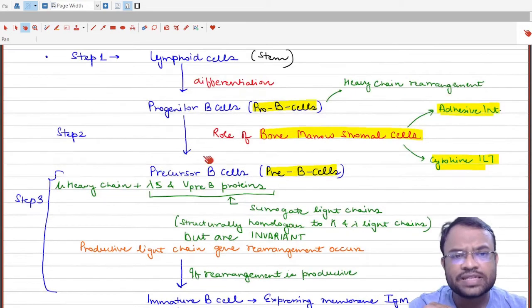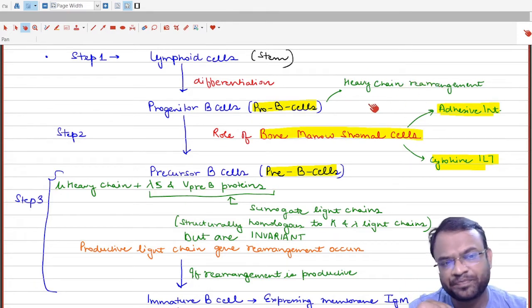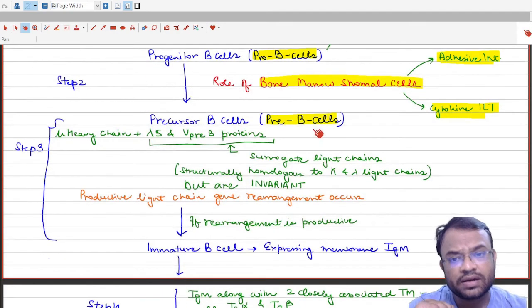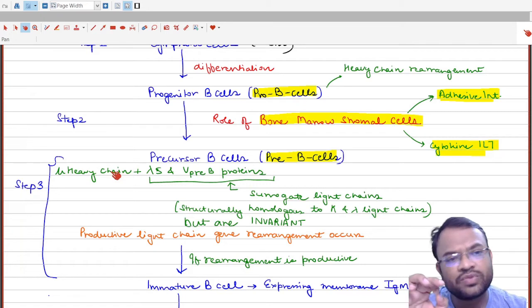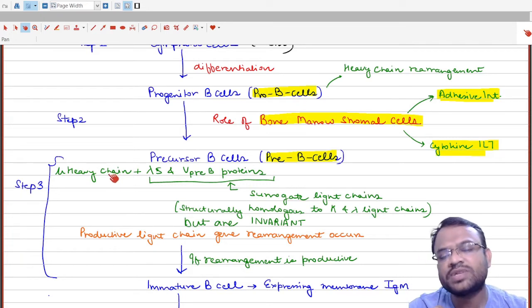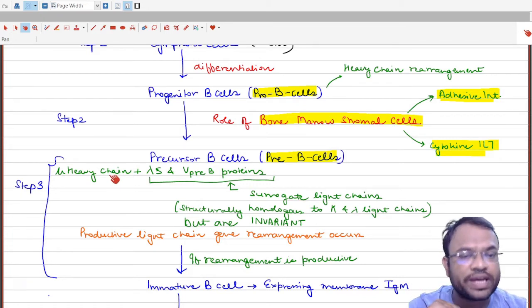Now as I've said, in the progenitor B cell itself, the heavy chain rearrangement has taken place. Because of the heavy chain rearrangement, we have IgM, mu heavy chain. You would know when the mu heavy chain is present, it leads to the formation of IgM.